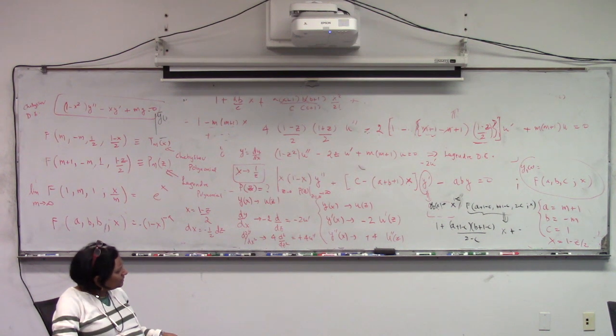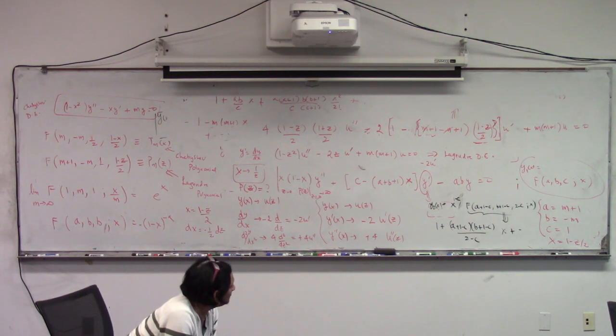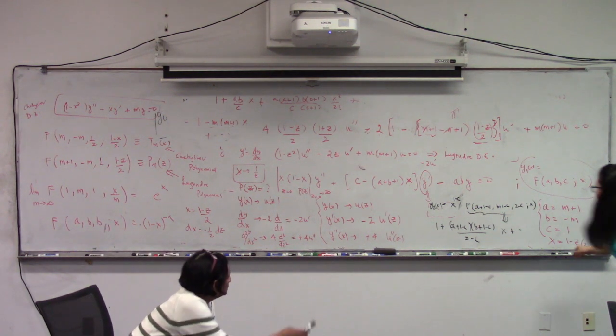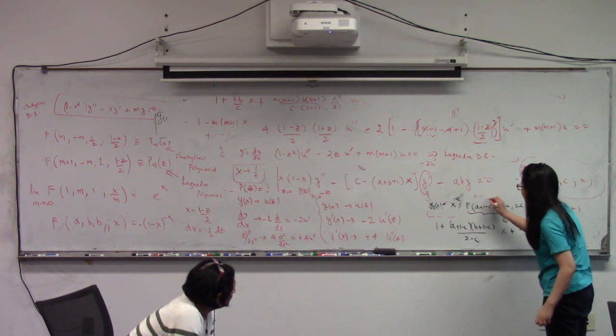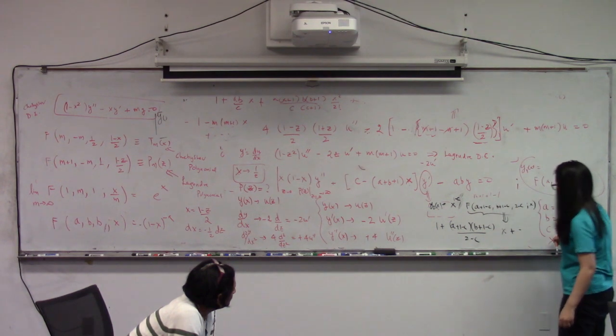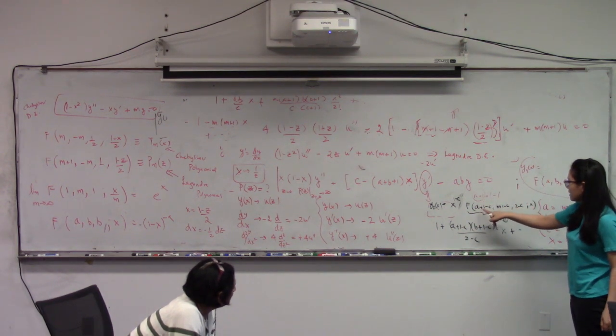If you plug in A equal m plus 1 and C equal 1, then you have m plus 1 plus 1 minus 1, because C equal 1.